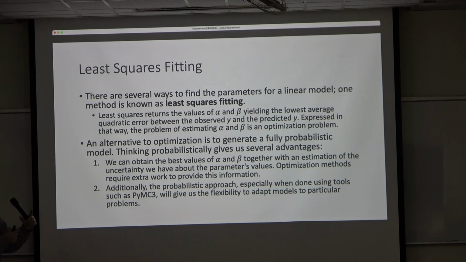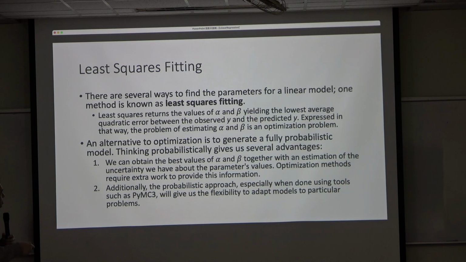Obviously, for all these pairs, you draw a line. That line is impossible to go past all the points. You have to find this line such that it will yield the lowest average quadratic error between the predicted y and the observed y.